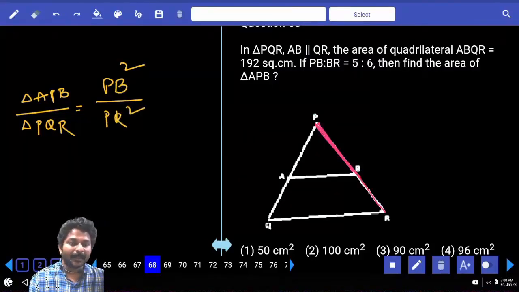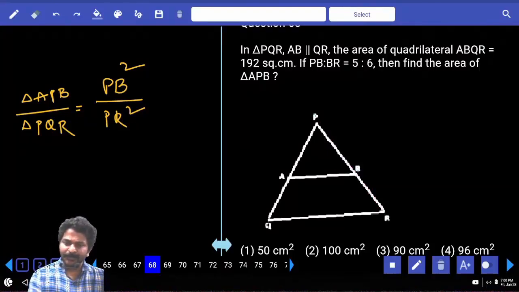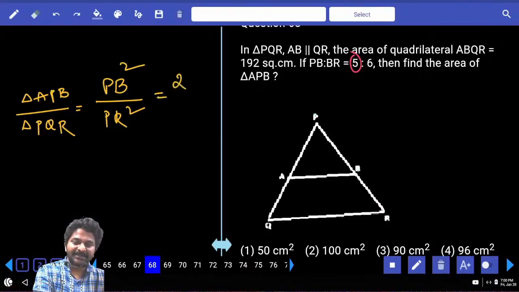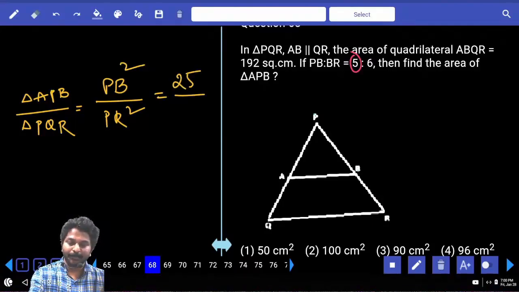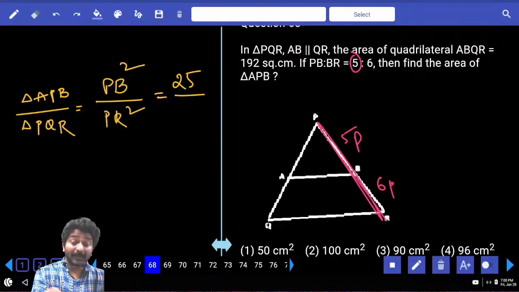Correct? So PB, how many parts is it? 5, square is 25. Now BR is equal to 6 parts, then PR is equal to 11, square.